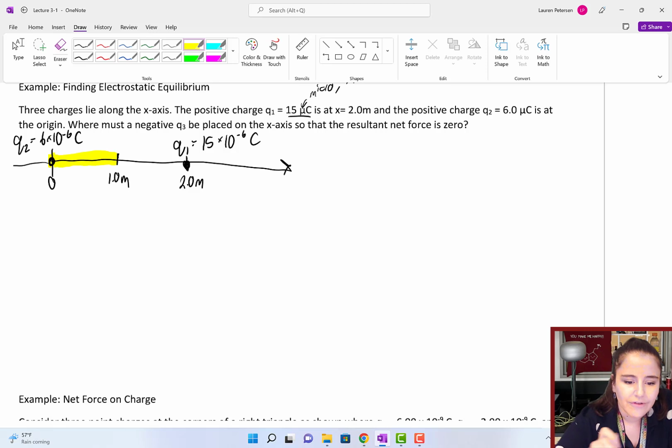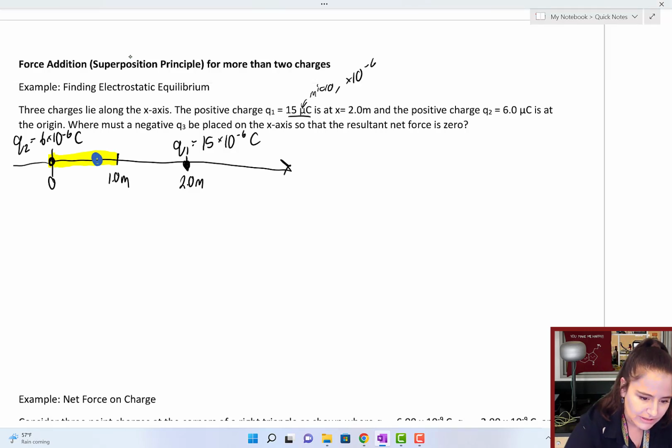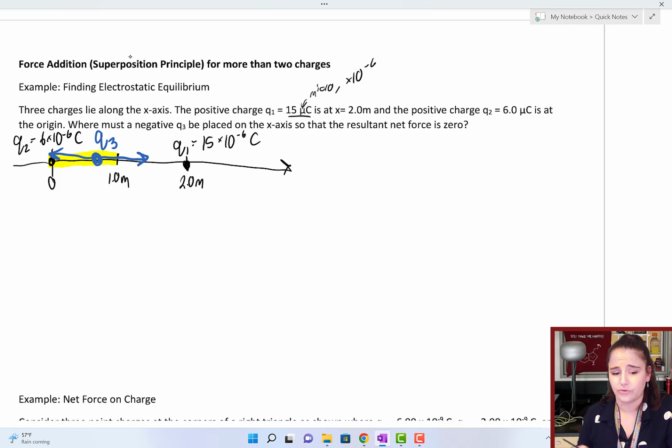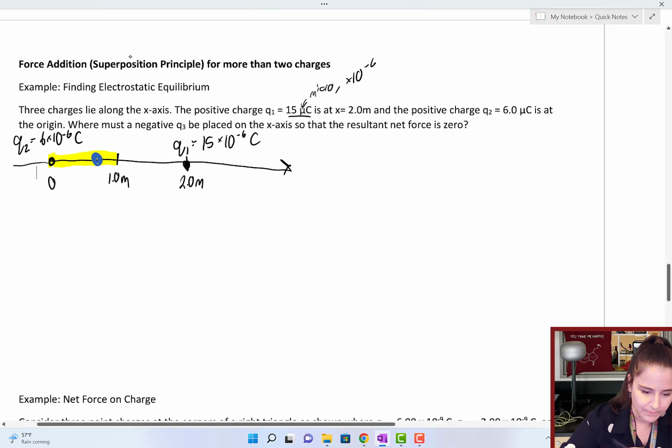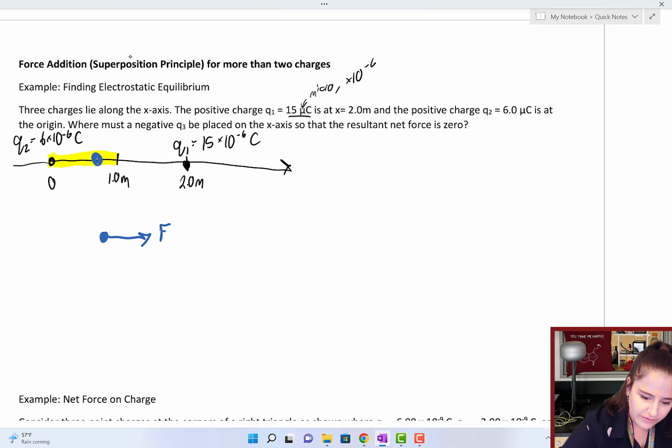For right now, I'm just going to put Q3 right there so we can look at the forces on it. It's going to be attracted to this one and attracted to that one, and we want those forces to be equal. So for our force, we want the force of 1 on 3 to be equal and opposite to the force of 2 on 3.